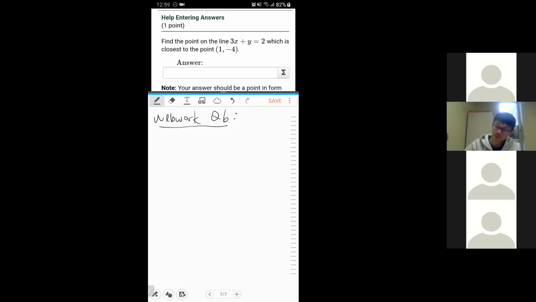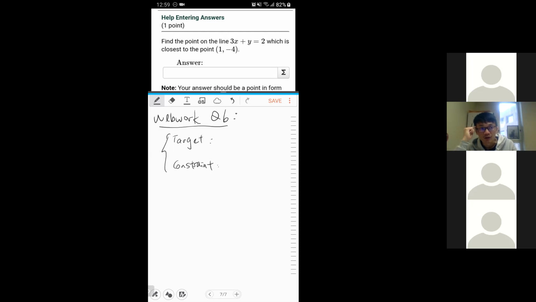What do we do? There's no picture to draw here, so I just write down the target function and the constraints. What is the target function? What is the function that we want to optimize? Distance between 2 points.